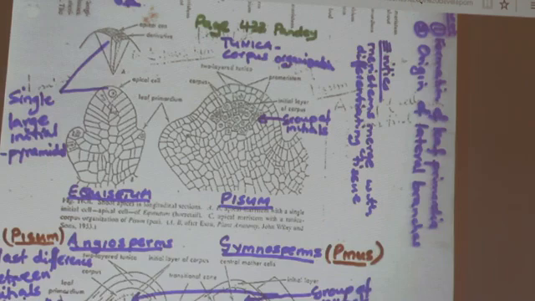You slice it like that, you get these cells. You slice it like that, you get these cells. So in Equisetum, we can identify an individual cell, a single large initial. This is common in pteridophytes.